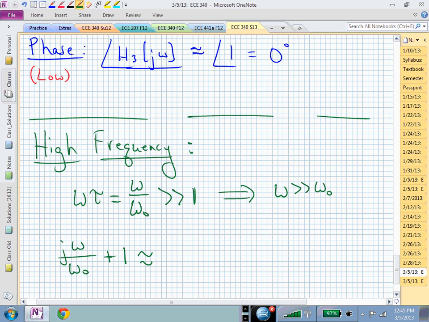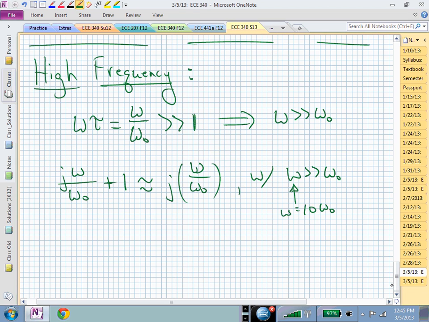So this is now j omega over omega naught. And we're saying that that is when we have omega much greater than omega naught, a decade beyond, that is 10 omega naught.